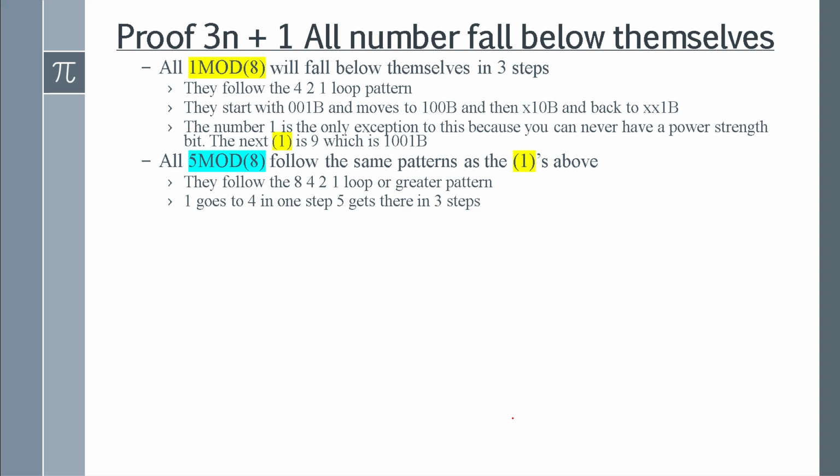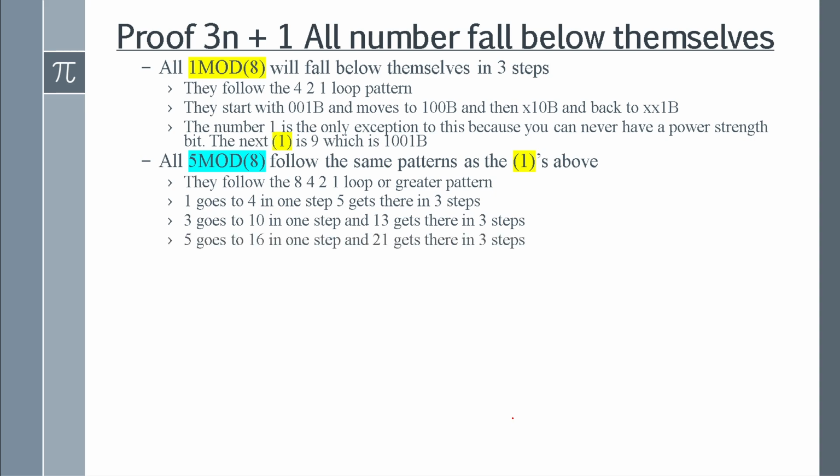Right? 3 goes to 10 in 1 step. 13 gets there in 3 steps. 5 goes to 16 in 1 step. 21 gets you to 16 in 3 steps. So every 1 mod 8 has a 5 mod 8 that can get to the same place in 2 more steps. So every 1 mod 8 has a 5 mod 8 pattern.